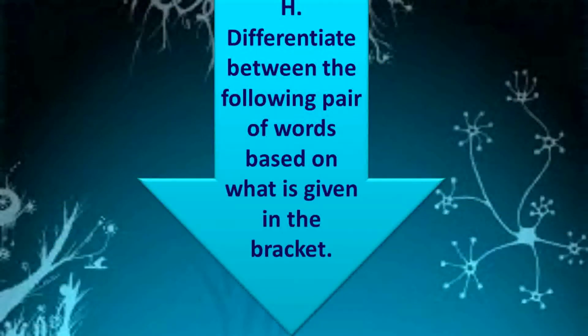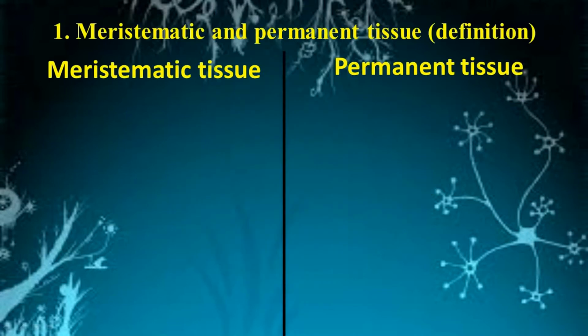Next question. Differentiate between the following pair of words based on what is different in the bracket given. Meristematic and permanent tissue. Definition.